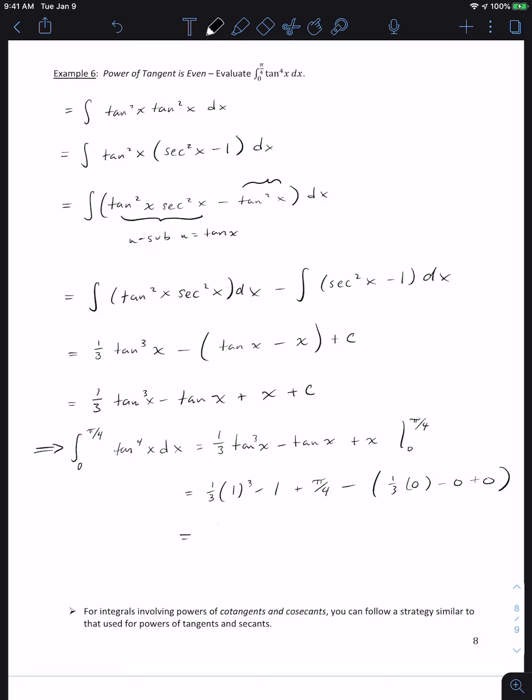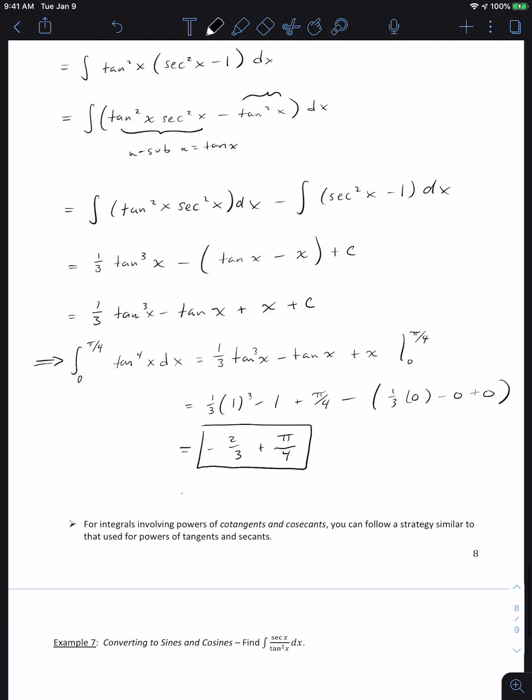So I ended up getting 1/3 minus 1, which is negative 2/3, plus pi over 4, which is approximately 0.119.